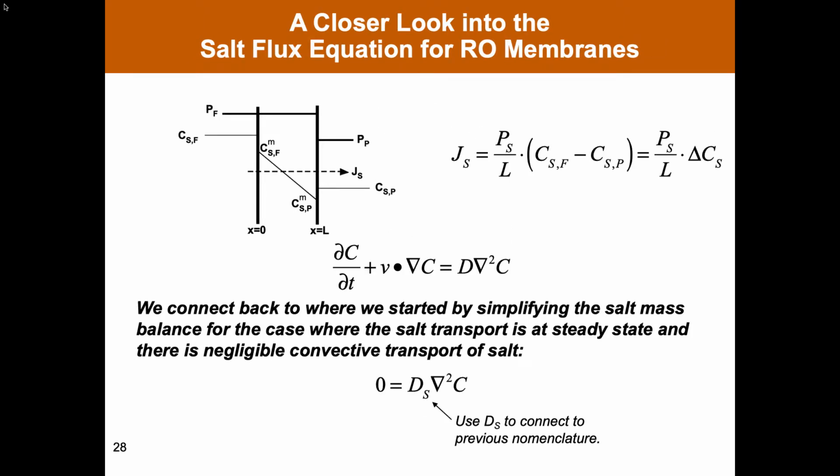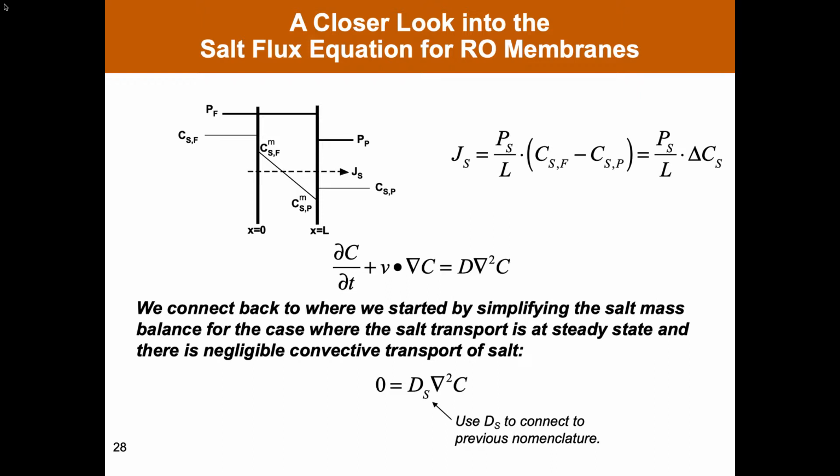Now we come back to the salt flux for a desalination membrane and the equation that we wrote based on integrating Fick's law. We start with a more general equation that we've just derived, where D is that salt diffusion coefficient.